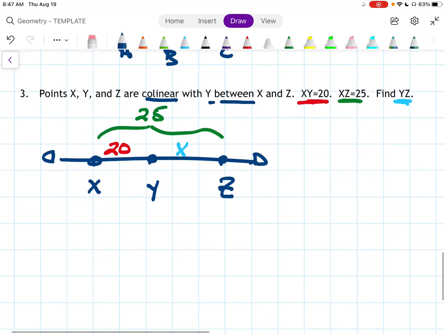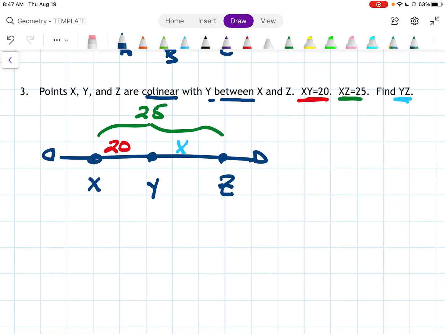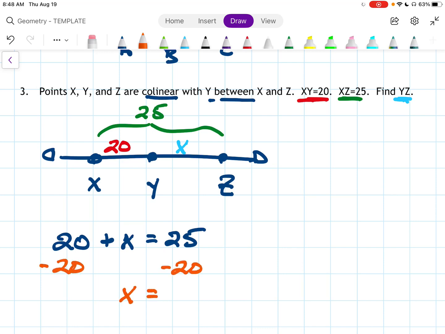Okay. So now I'm going to say, well, my two small pieces equals the big piece. So 20 plus x is the whole, 25. Right? I solve this, I'm going to subtract 20 from both sides, and I get x equals 5. Okay.